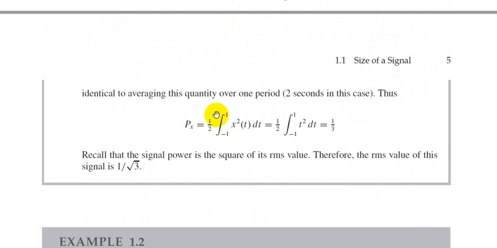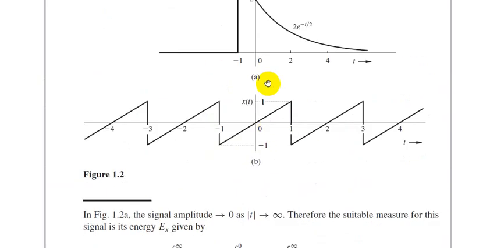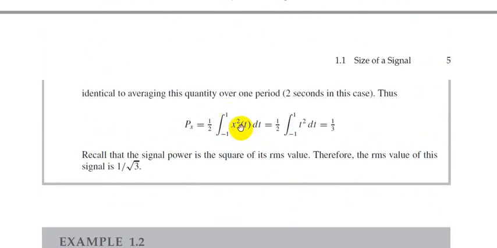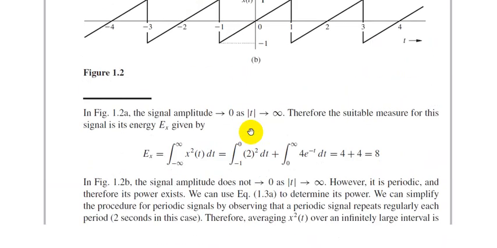To consider power, we integrate the signal square term over the period, then divide it by the period, and this is the way we can determine the power of the signal. So here 2 is the period, our duration is from -1 to 1, and x of t is our signal. So we will take x of t whole square dt.